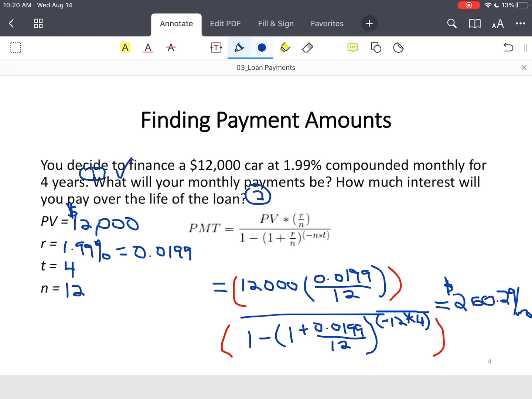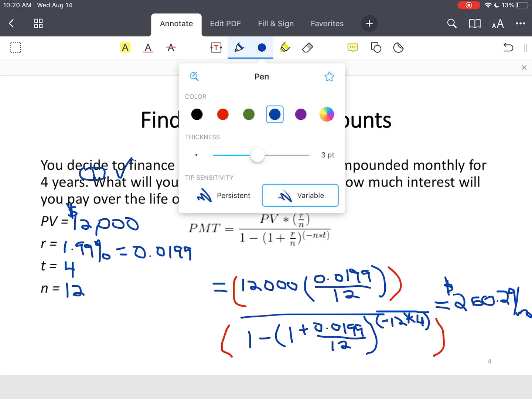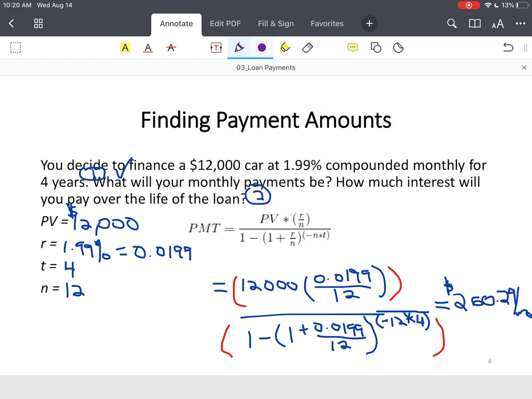The second question asks, how much interest will you pay over the life of the loan? So we're going to write that at the top. You know you're going to make payments of $260.29 for 12 months for 4 years.